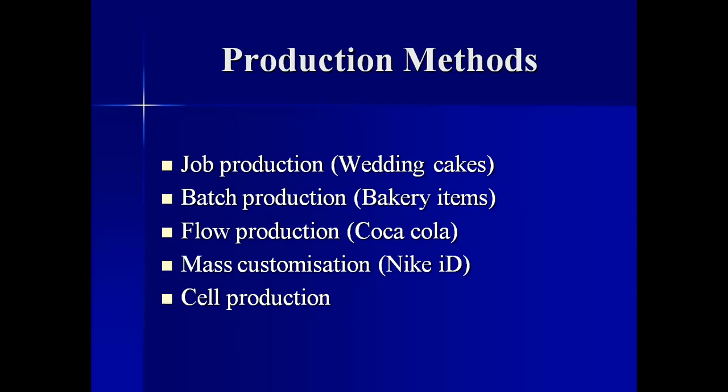Now, cell production is quite similar to specialization. So you form different teams, and you assign a certain task to each team, and that team is only responsible for that task. It will be decided by the team members which worker will perform what task, and complete independence is given within that team.